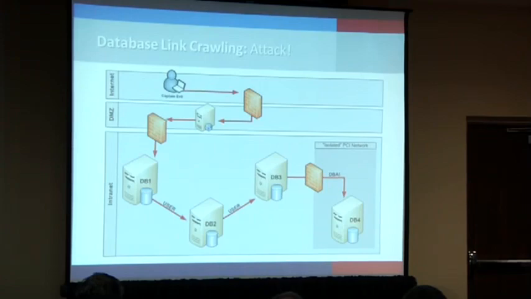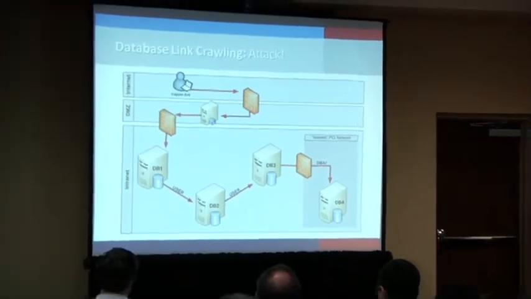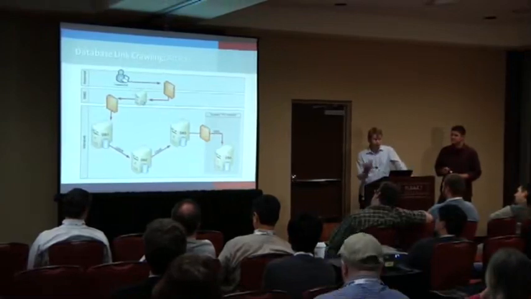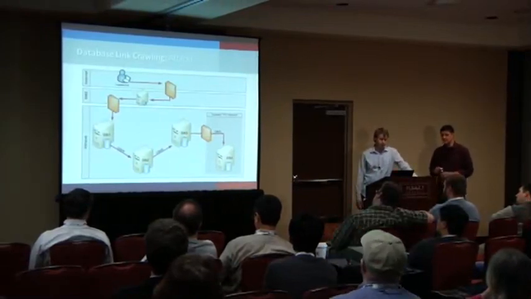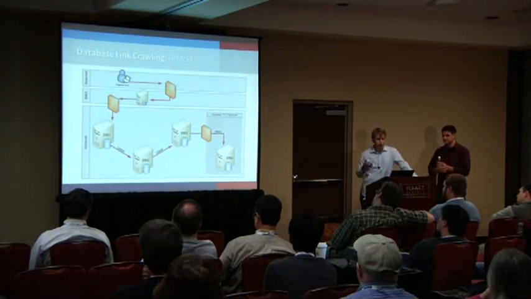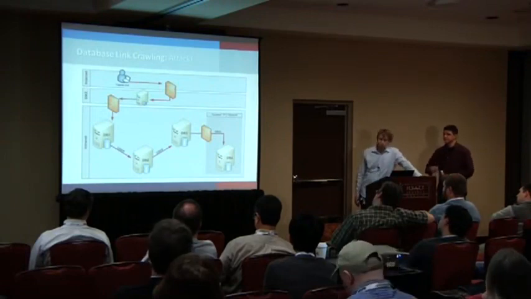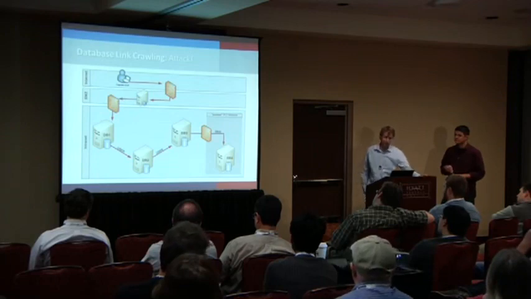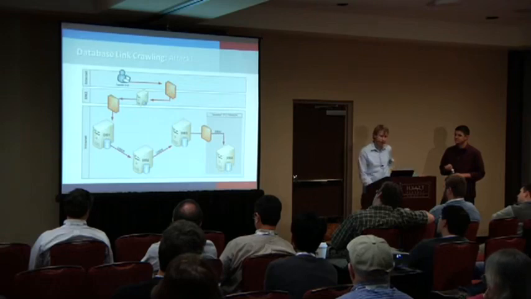Very often it's not publicly accessible, so we can't actually compromise the database server directly, but we can start following the links from there. So go from DB1 to DB2, DB3, and then I guess in the best case, we can find a link to the secure network, and that's with the excessive permissions, and that allows us to compromise the most important database.